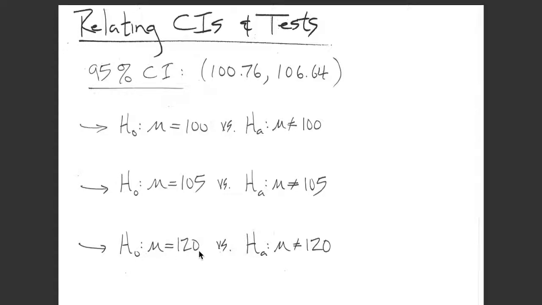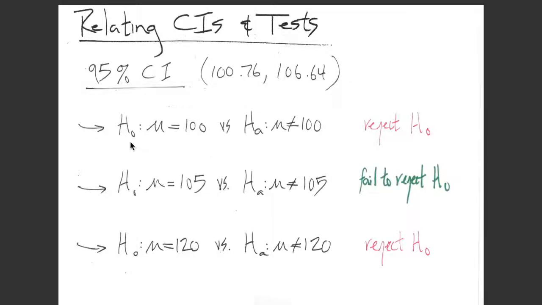For mu equal 120, we would say, well, is 120 in this confidence interval? The answer is no, and so we would wind up rejecting the null hypothesis that mu is 120. So of these three tests, just by looking at the null values and seeing if they're in the 95% confidence interval, we can determine how the test is going to turn out.